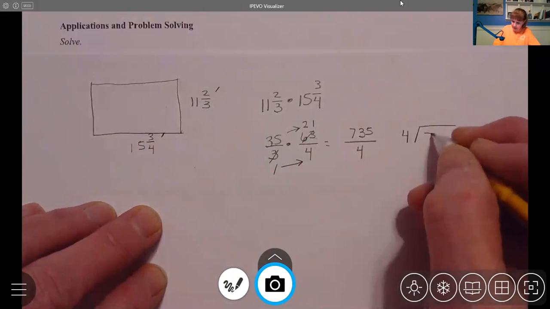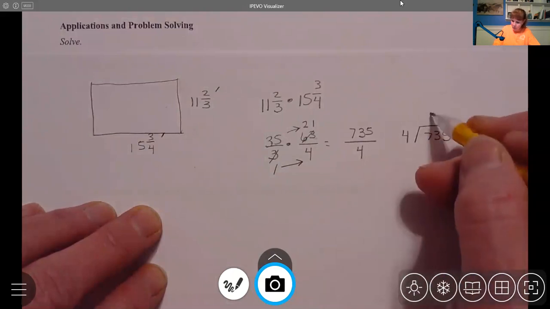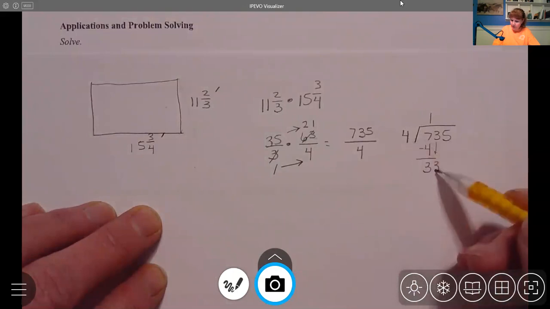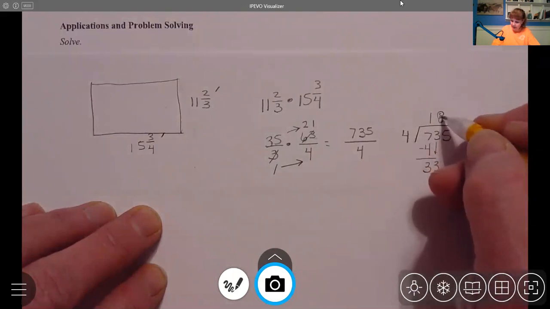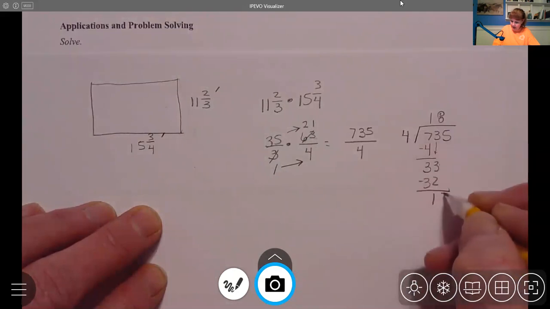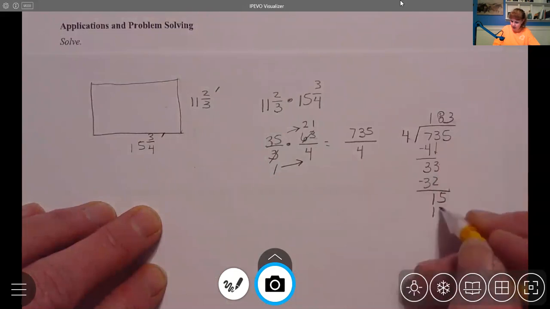4 into 7, this isn't so bad. 4 goes into 7 once. Bring down the 3. 4 goes into 33 8 times. 8 times 4 is 32. 1, bring down the 5. 4 goes into 15 3 times. 12.